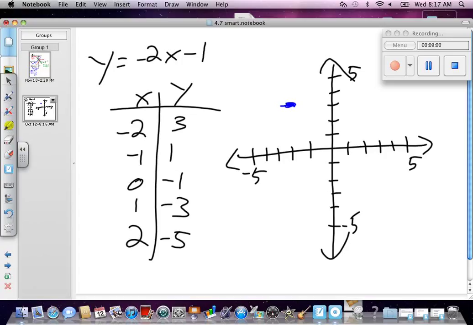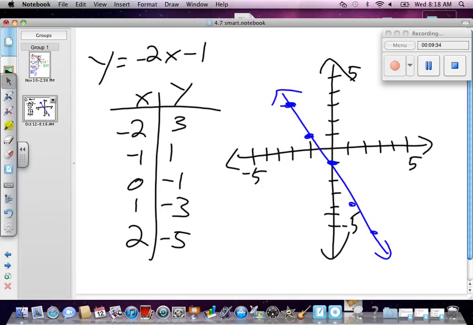We go negative 1, 1. 0, negative 1. 1, negative 3. And then we've got 2, negative 5. They should all come up as straight lines. If they don't come up as straight lines, you're not doing it right.